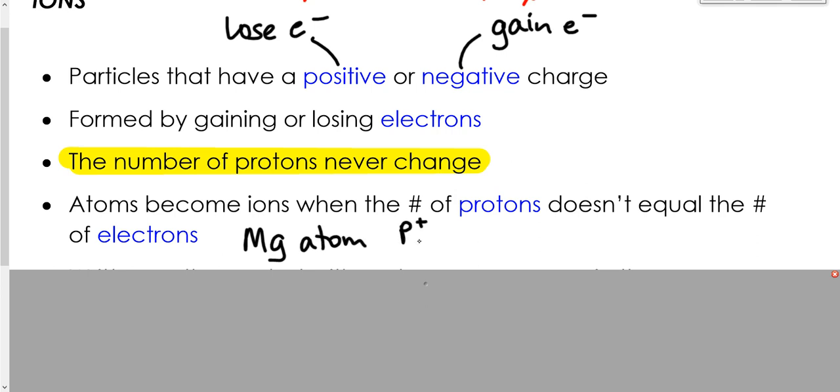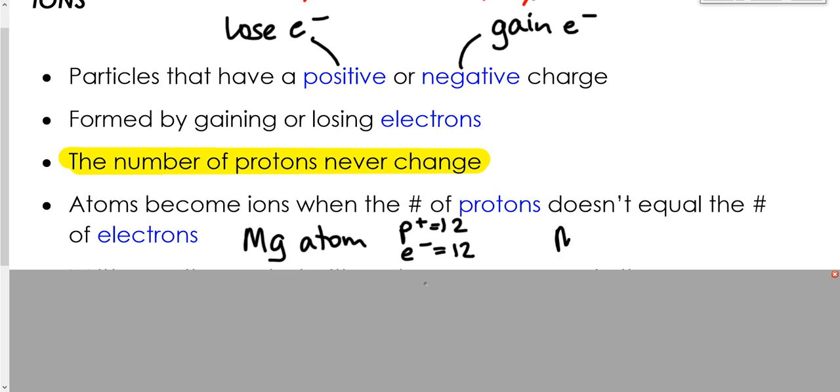The protons and the electrons would equal each other. So I look at the atomic number, which is 12, so they both would be 12. Meaning I have 12 positives and 12 negatives, which will then equal 0. That's what an atom is, a charge of 0.